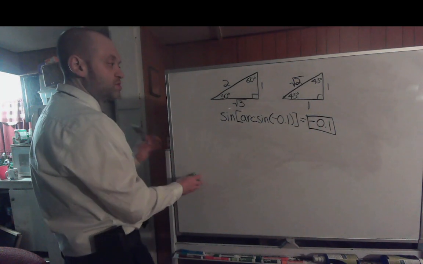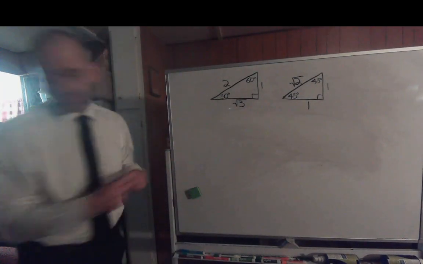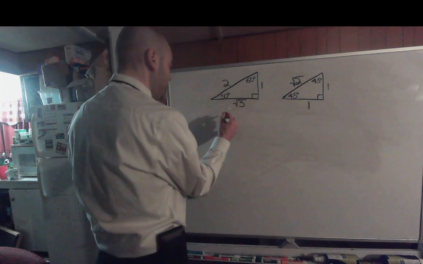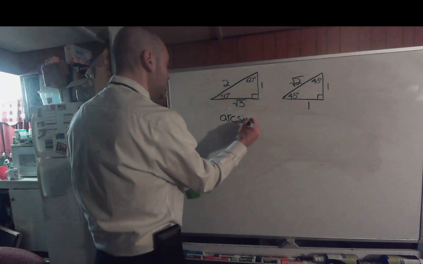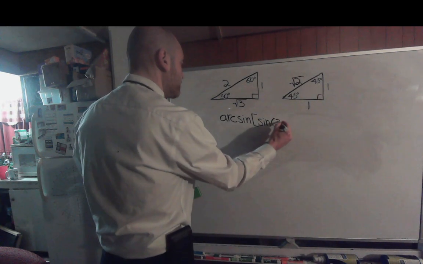Alright, now here's where it's going to shift a little bit. What if I had arc sine of the sine of 3 pi?